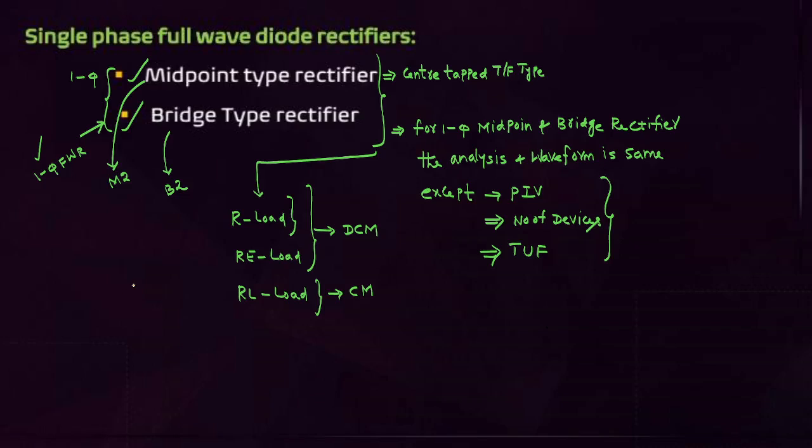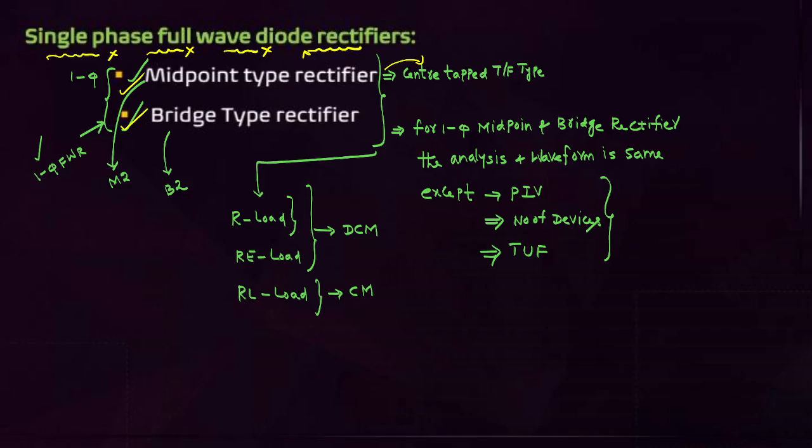Then one more important concept with respect to diode rectifiers, that is the single phase full wave. Single phase full wave diode rectifiers are again of two types: midpoint type rectifiers and bridge rectifiers. Midpoint type is also called center tapped transformer type. One point you have to remember, students: for midpoint and bridge rectifiers, there is no need to remember the formulas separately.